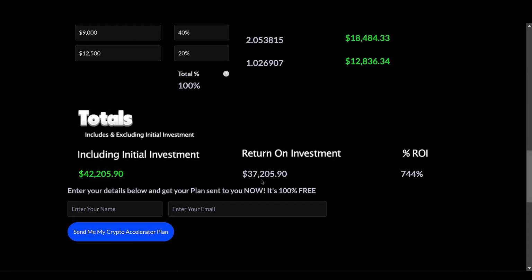Then when we altered the sell targets, we got up to 19,000. And now you can see when you buy in close to the bottom, dollar cost averaging in, we've almost doubled that. We're at 37,000 now as our return on investment. That's a healthier 740 plus percent return on investment.